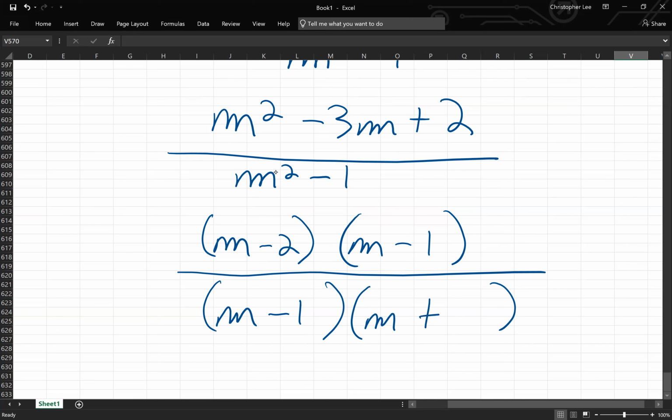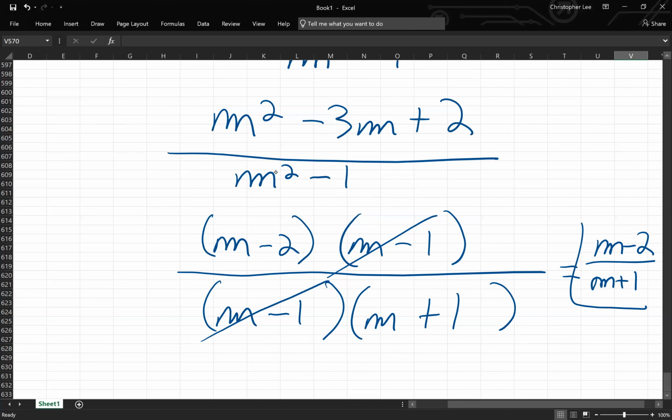Positive 1. The difference of two perfect squares, right? One negative, one positive. That's it. After that, you already know, cross out the like terms. So final answer, m minus 2 over m plus 1.